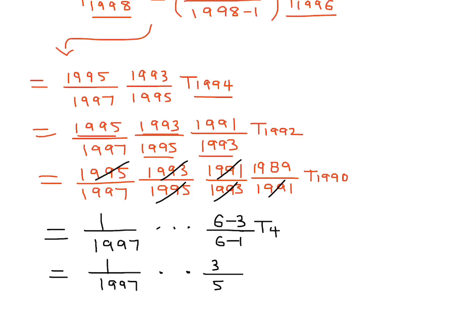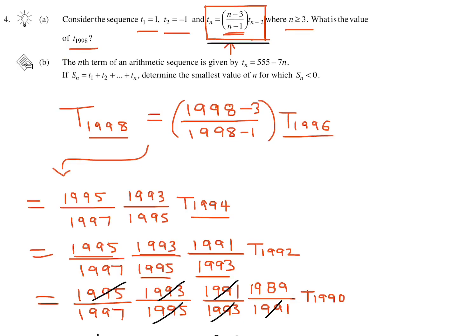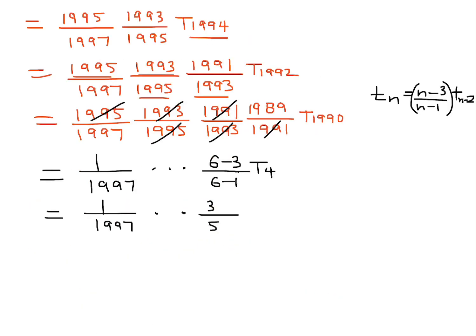T to the 4 is going to be 4 minus 3 over 4 minus 1 t to the 2. Okay? And finally, the good news is we're done here. We got 3 over 5.